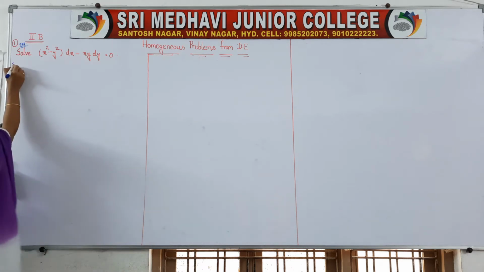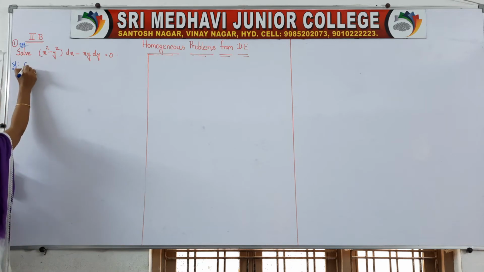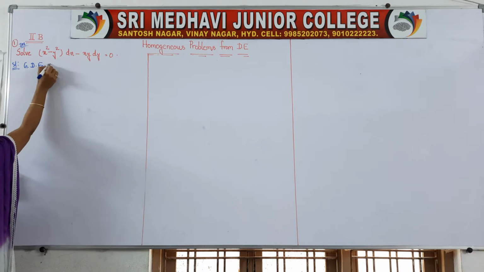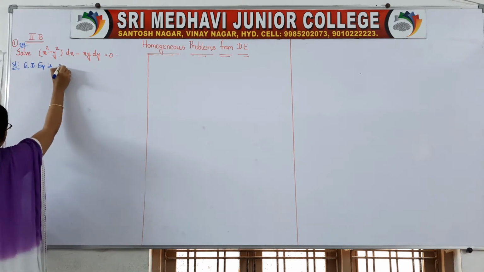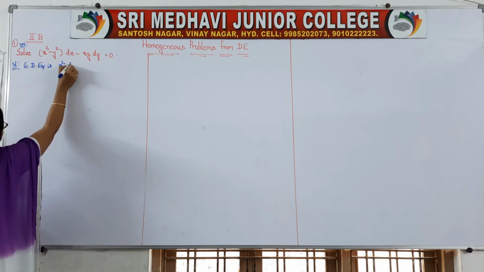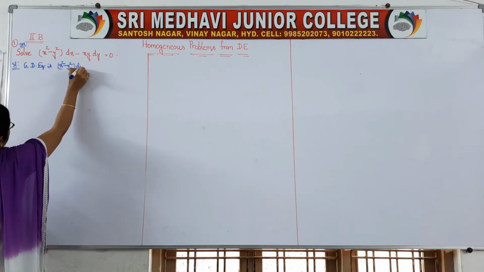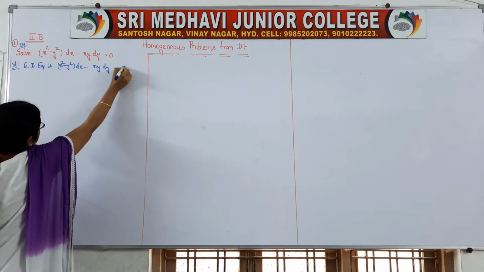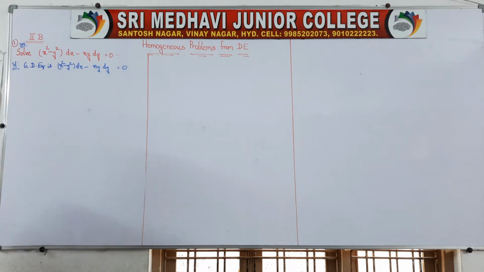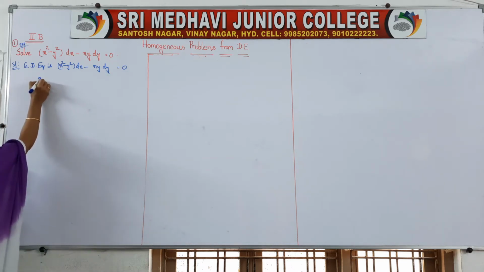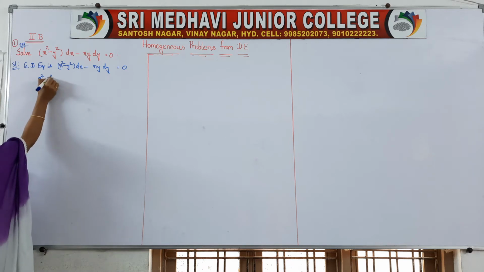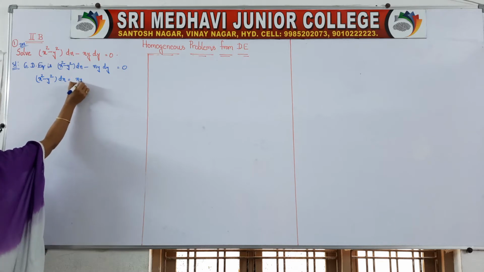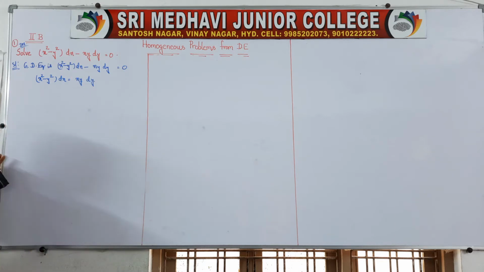So come on, first we will write the given differential equation. What is your given differential equation? It is x square minus y square dx minus xy into dy is equal to 0. So next we can write x square minus y square into dx is equal to xy into dy.